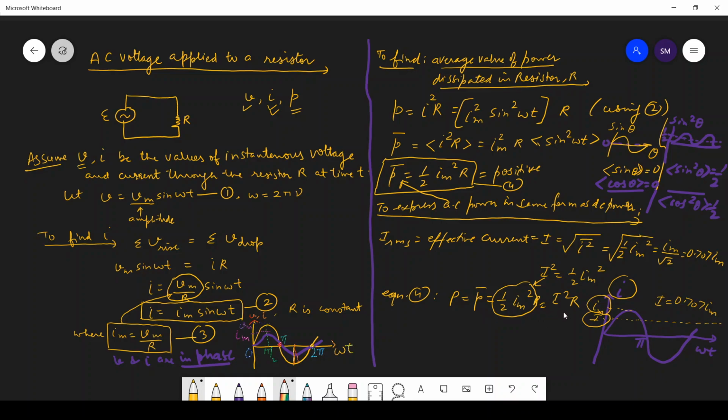So we have got the formula. Similarly, we can write effective voltage or RMS voltage as Vm by root 2, that is 0.707 Vm.